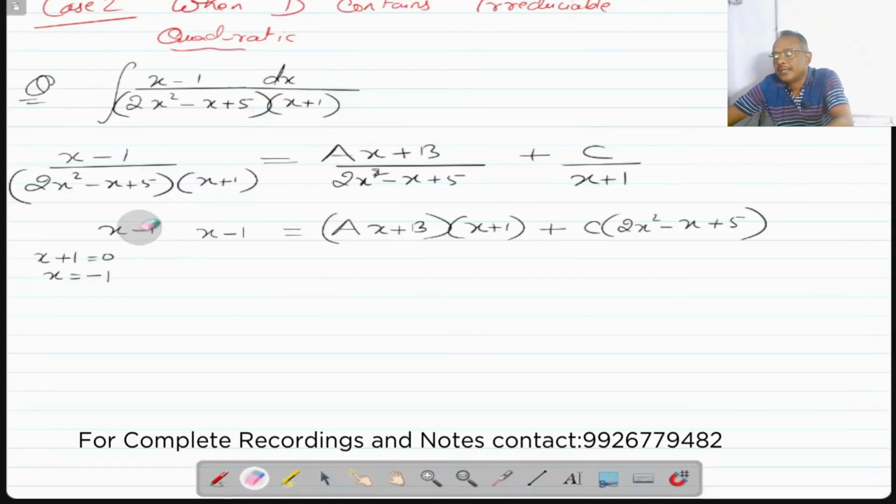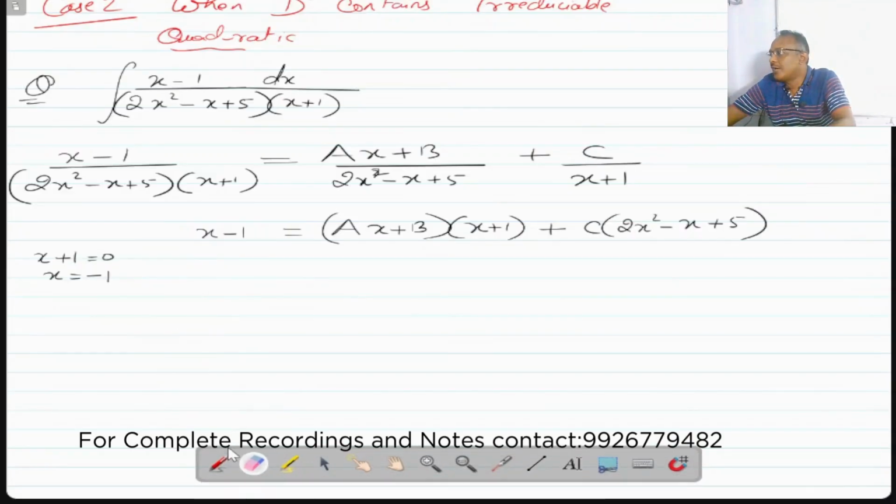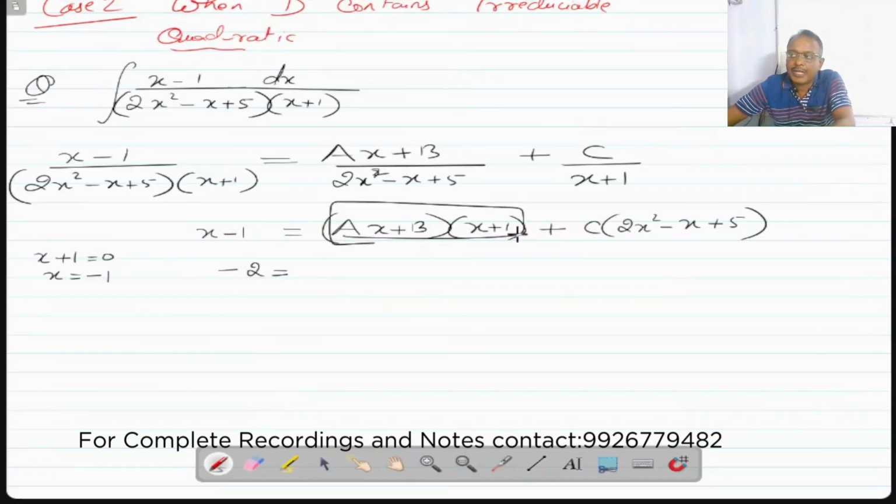So put x as minus 1 on the left side. 3 times minus 1 minus 1 is minus 4. This whole term will become 0. I am just left with c के साथ 2 into minus 1 का square is positive 2, minus of minus 1 is plus 1, plus 5.